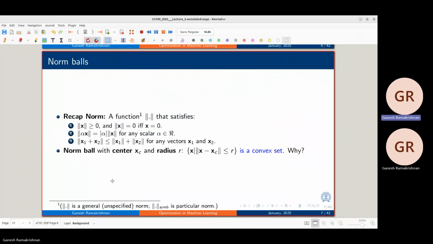So question, when will this correspond to the ellipsoid?